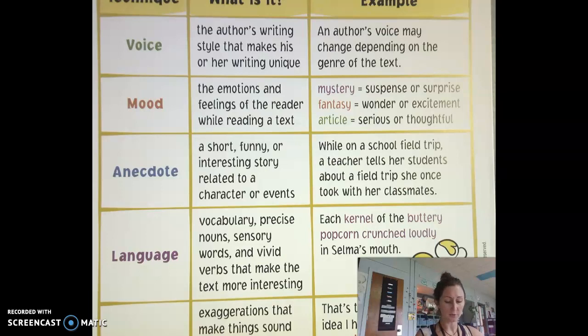I've got an example here. It says an author might describe the quiet skies after a storm as gloomy to make the reader feel sad, or even calm, maybe hopeful, depending on the adjective. If you're going to make the sky seem gloomy, is that going to be sad, calm, or hopeful? We're going to go with sad, right?